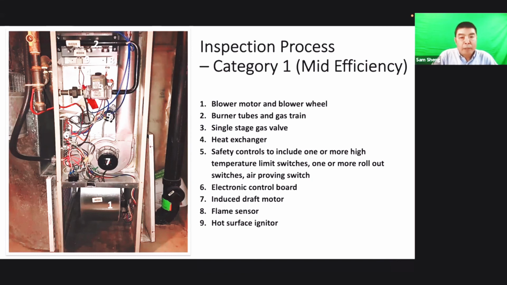But the mid efficiency furnace uses a hot surface igniter or a spark; sometimes we see a spark igniter. Only when the thermostat calls for heat will the igniter come on.